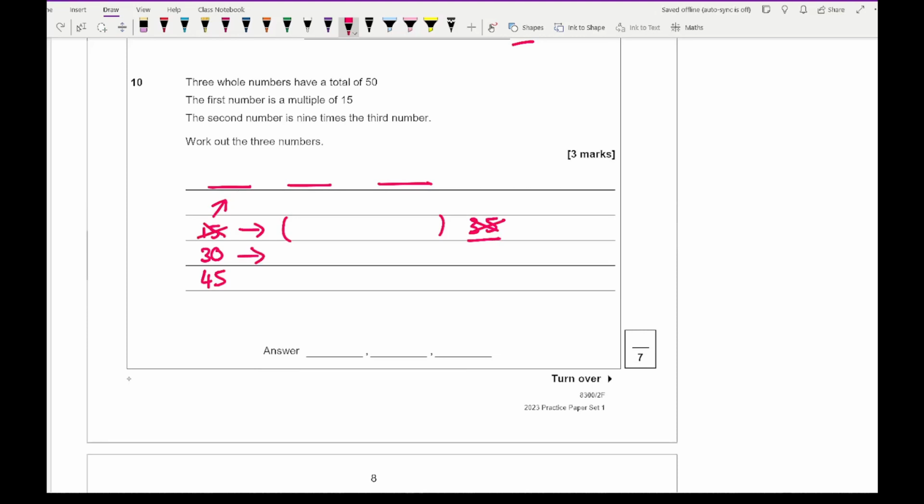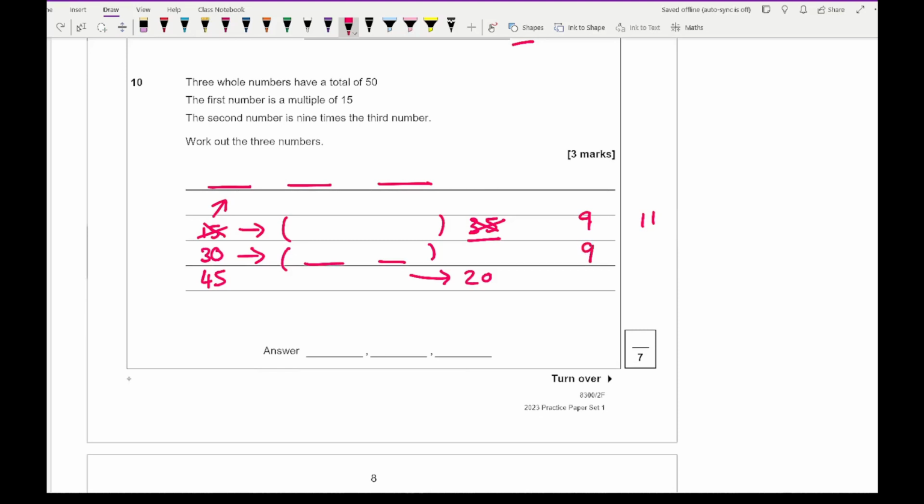Or if I go for 30, then that means that these two numbers need to add up to 20 and 20 is divisible by 10. So then looking at 9 times, I'm looking at 1 and so 9 and we're looking at 11. So that doesn't quite work because the second number is not 9 times as big.